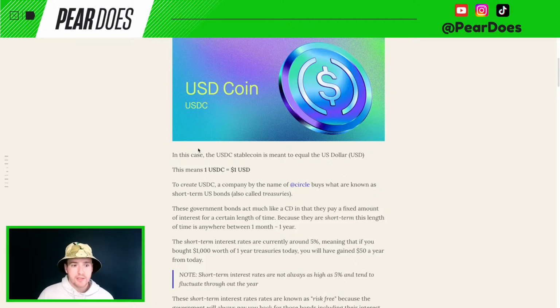To create USDC, a company called Circle buys what's known as short-term assets, like treasuries, bonds, state bonds, government bonds. These government bonds act much like a CD. If you ever go to a bank, they have certificates of deposit where you deposit your money and it's locked for a certain amount of time.